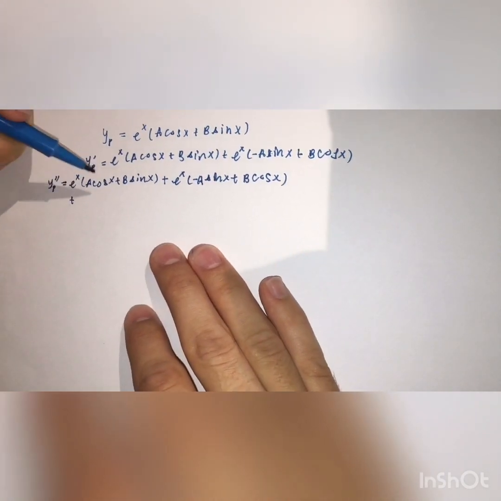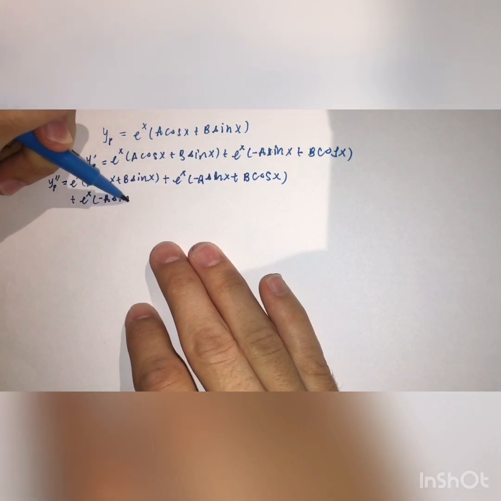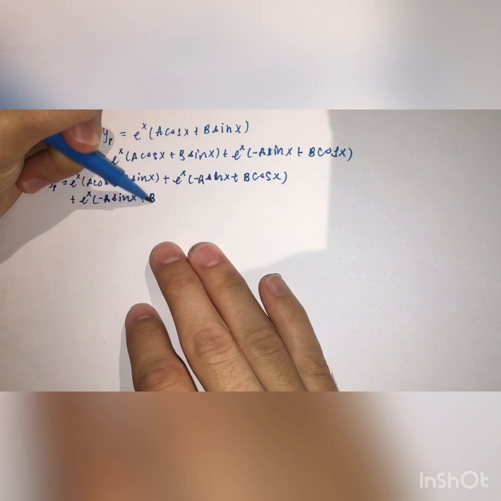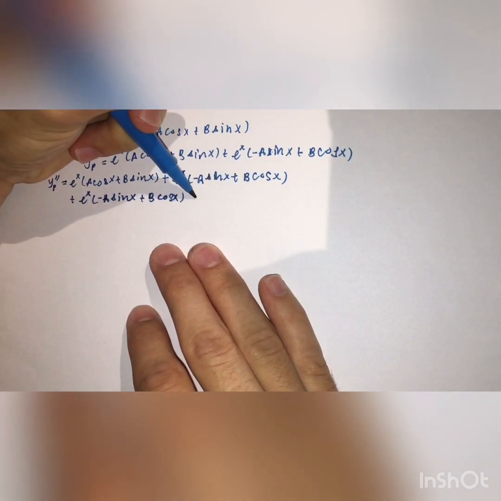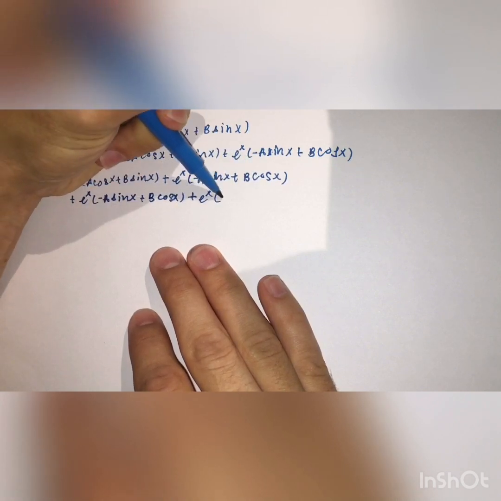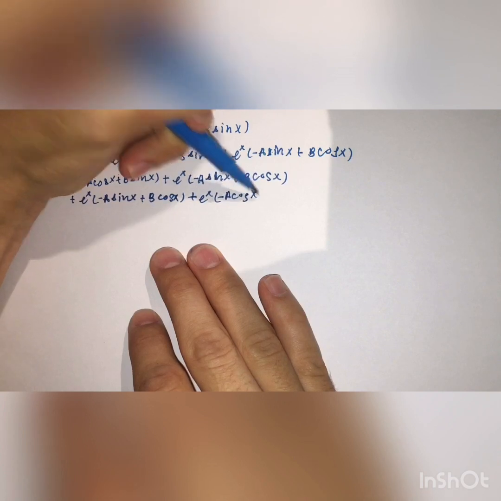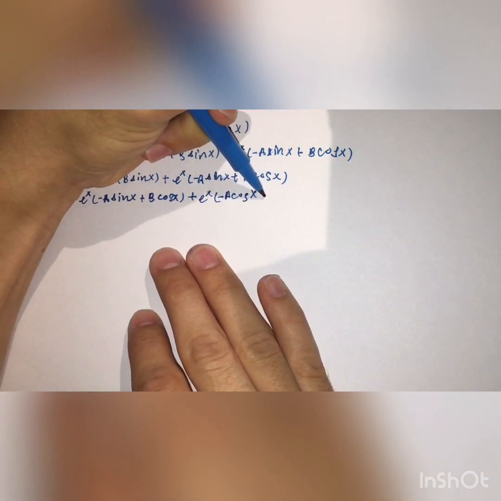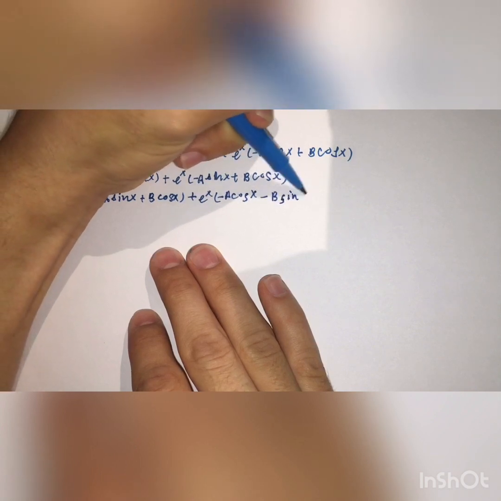Second part down here, e to the x, negative a sine of x plus b cosine of x plus e to the x, a cosine of x minus b sine of x.